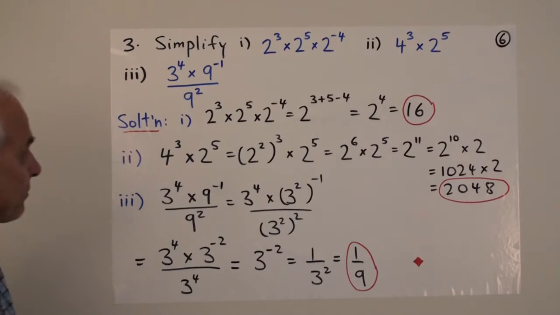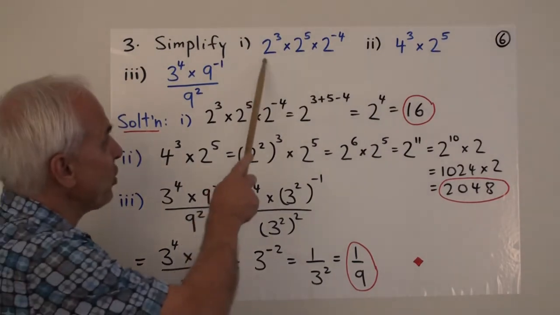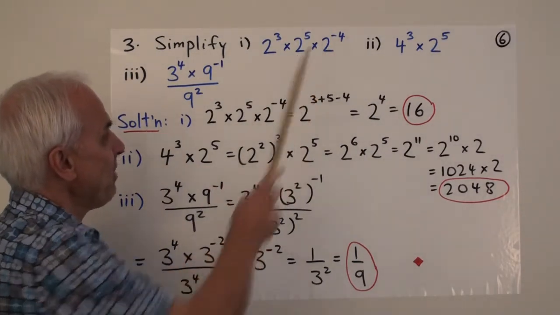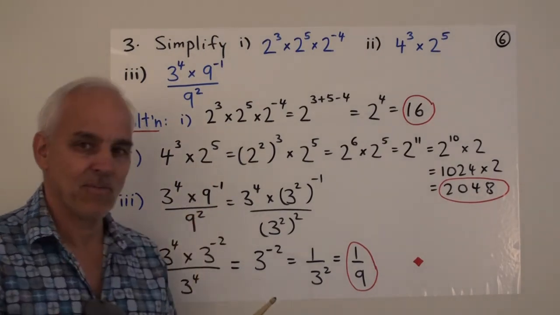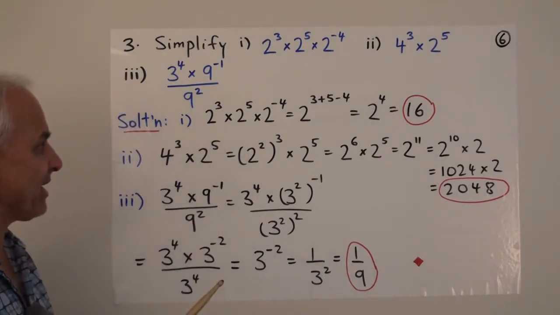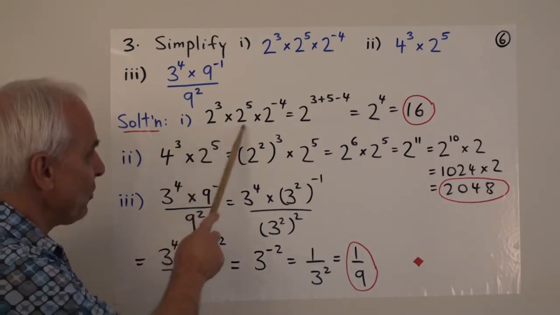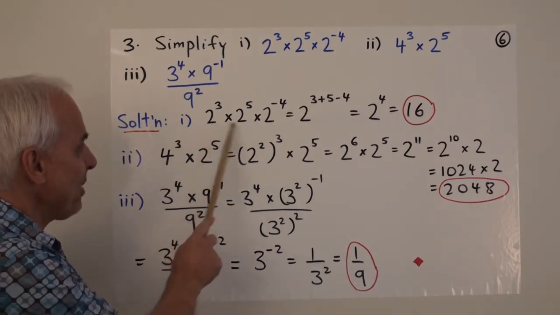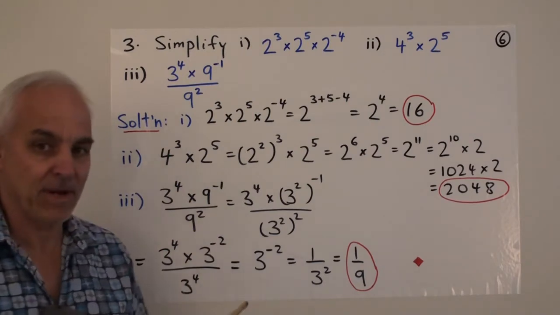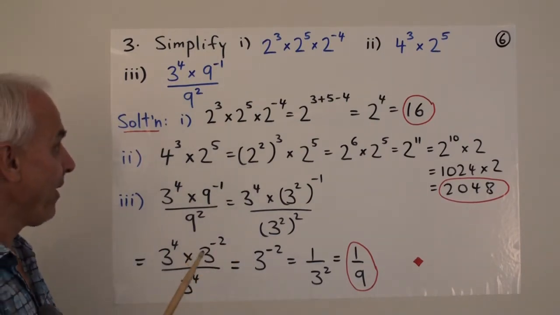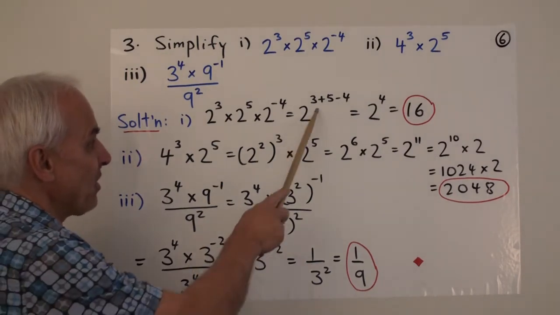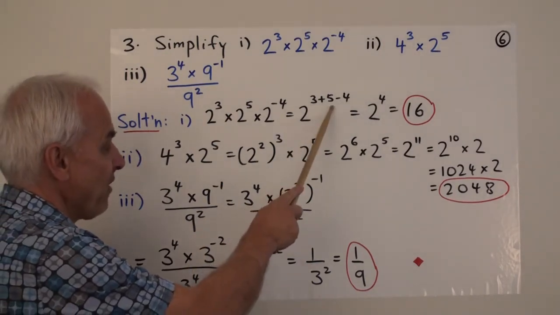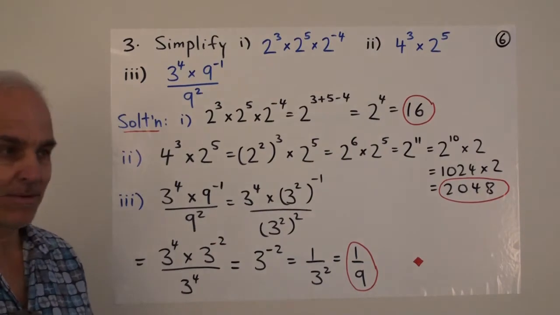Let's have a look. First problem, 2 cubed times 2 to the 5th times 2 to the minus 4. Well, all right, this is really the same as the first index law, except that we have to do it twice. So when we multiply 3 powers of 2, the exponents are all going to add. We're going to get 2 to the 3 plus 5 minus 4.